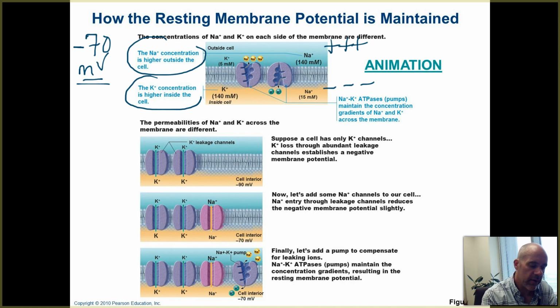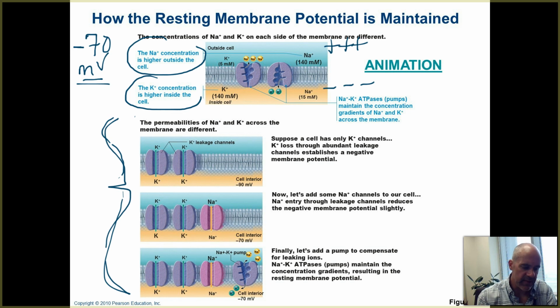All right, and so down here they're trying to give you an idea from the textbook about how this difference can be maintained. We'll just walk through this. Here's a cell membrane. What they're saying is, suppose you had a motor neuron whose membrane only had potassium channels in it.